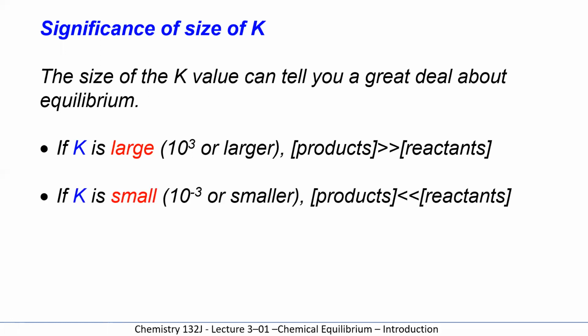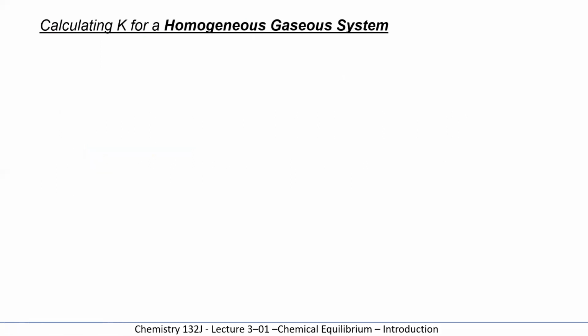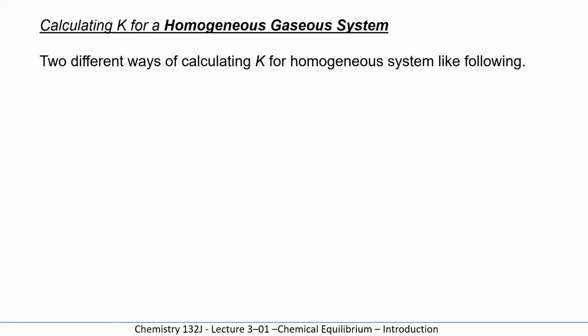If K is small, the reverse situation happens. There is mainly reactants, the material on the left, as opposed to the products. And if the K value is near 1, the concentrations of reactants and products are close to each other.